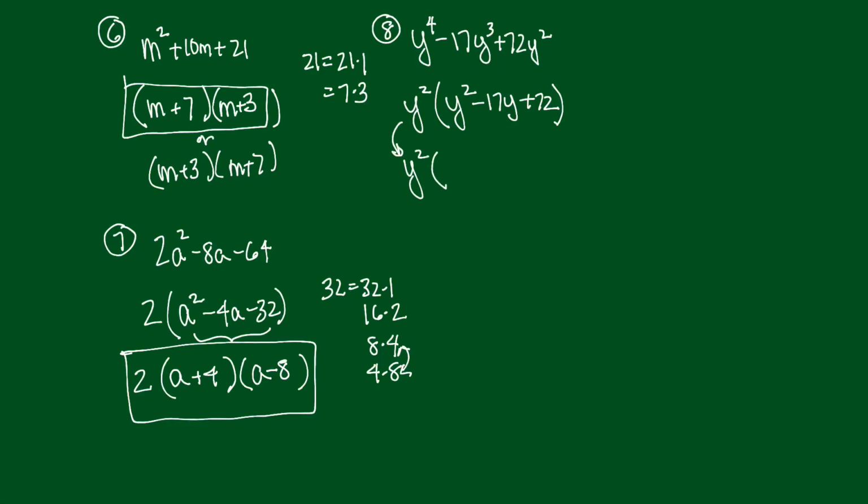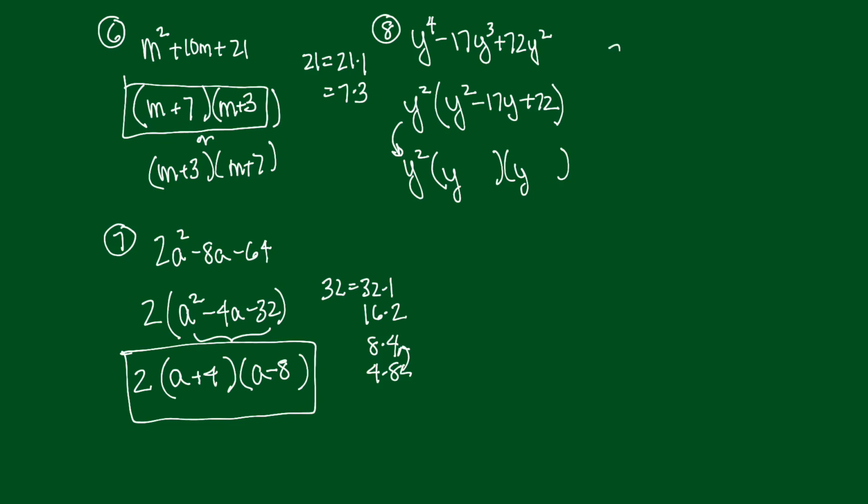Now, 2 sets of parentheses, anticipating we can do this. Now, this y squared, I can get that with a y and a y. And what about this 72? What numbers am I going to put here and here that when I multiply, I get 72?